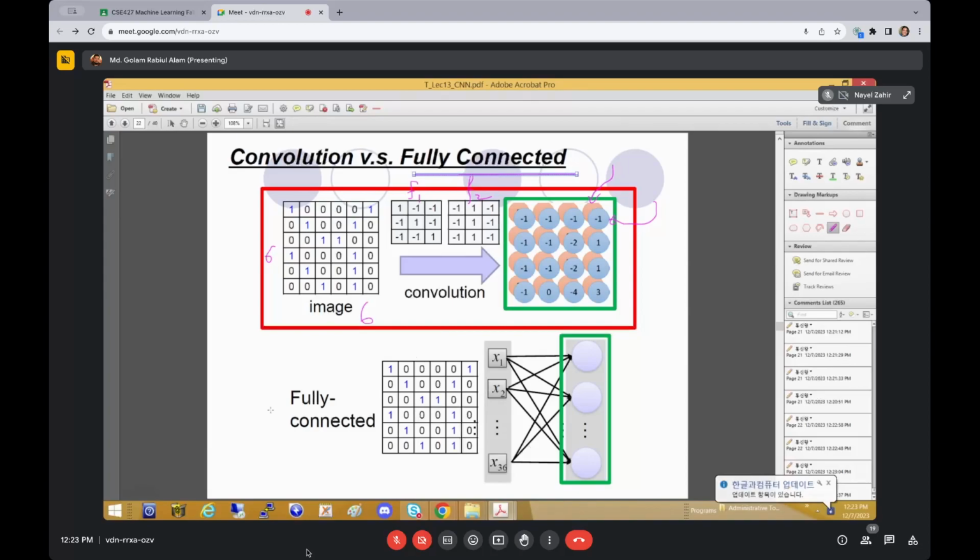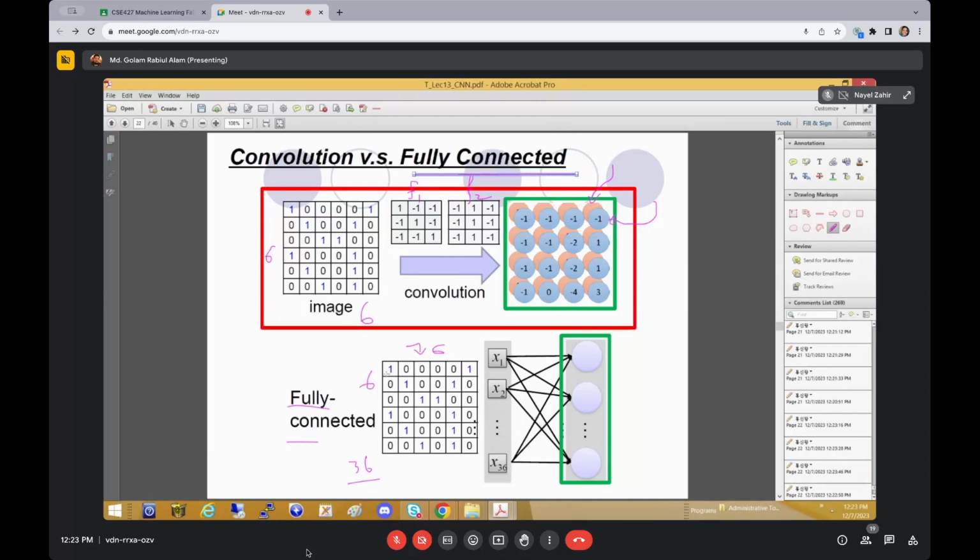Now if we consider a fully connected neural network and want to feed this 6 by 6 image to it, how many neurons do we have to consider at the input layer? 6 by 6 means 6 into 6, that is 36 values.